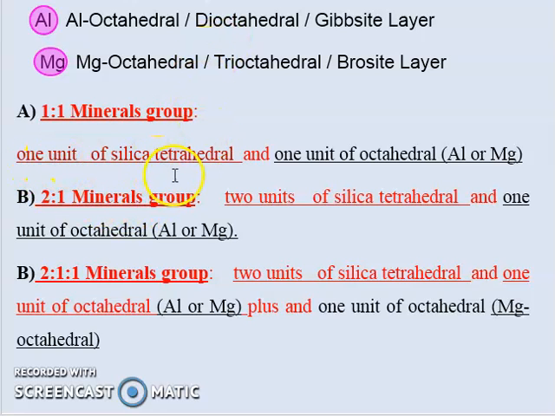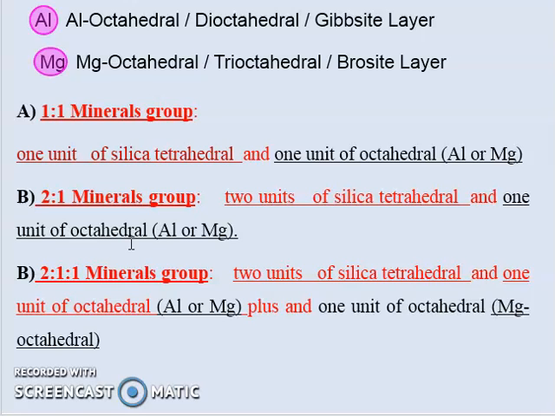One unit of silica tetrahedra and one unit of octahedral, either Al or Mg. The second type is the 2,1 mineral group: 2 units of silica tetrahedra and 1 unit of octahedra. There are 3 layers here, while in the 1,1 mineral group there are only 2 layers.